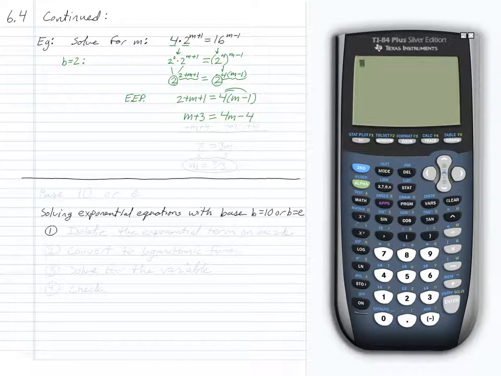Now, if I subtract m from both sides, and I add 4, I will get 7 on the left-hand side, and 3m on the right-hand side, leading me to conclude that m is 7/3.